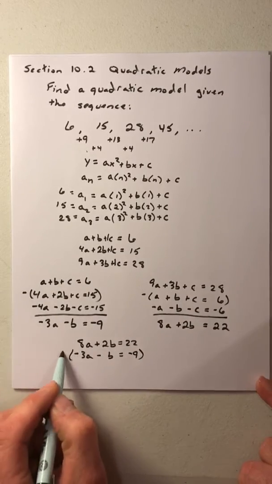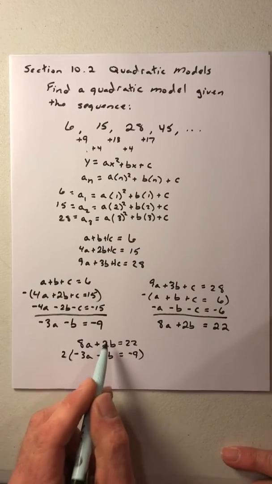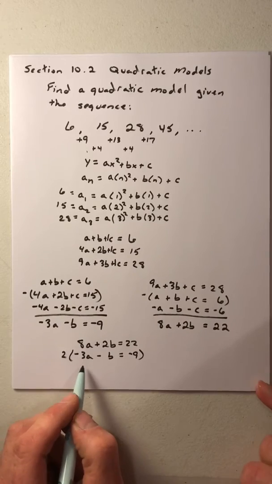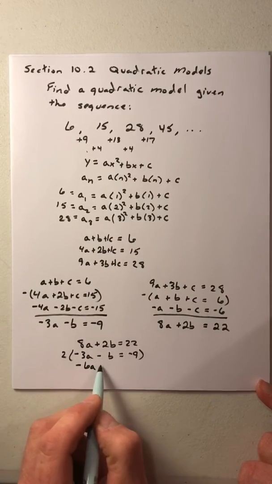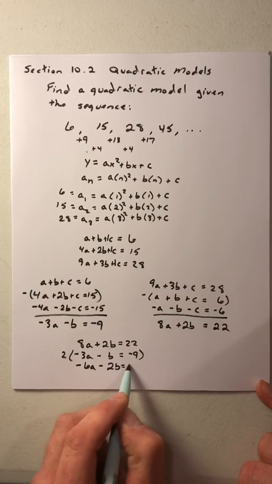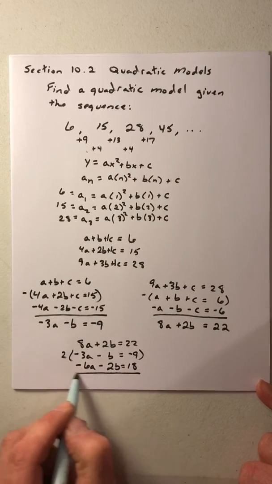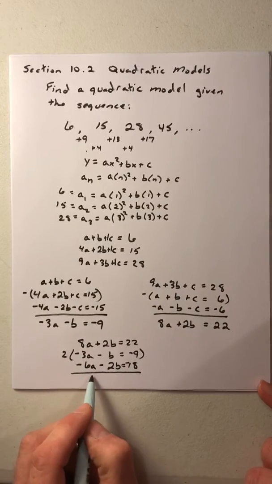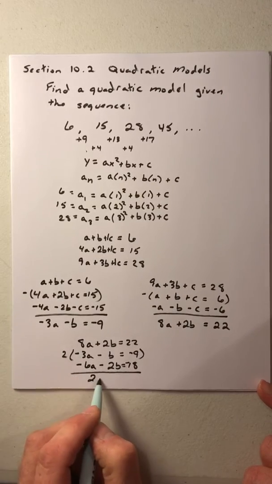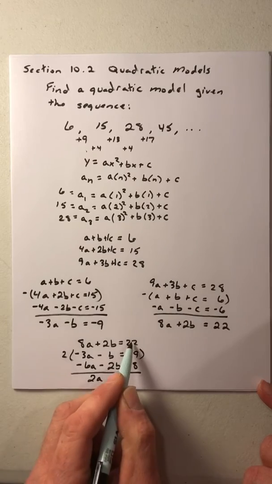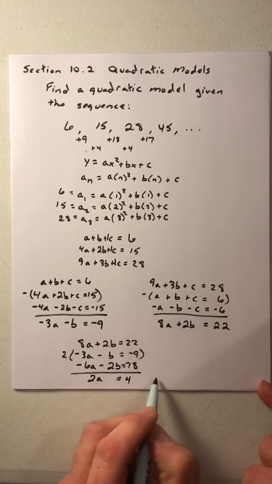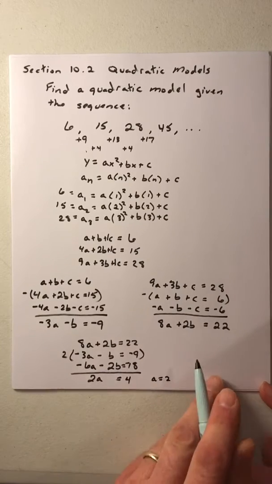If I multiply the bottom equation by 2, that's going to eliminate my b values when I add. So distributing that 2, I get negative 6a minus 2b equals negative 18. Adding those two equations together, 8a minus 6a gives me 2a, equals 22 minus 18 gives me 4, so I know that a must equal 2.